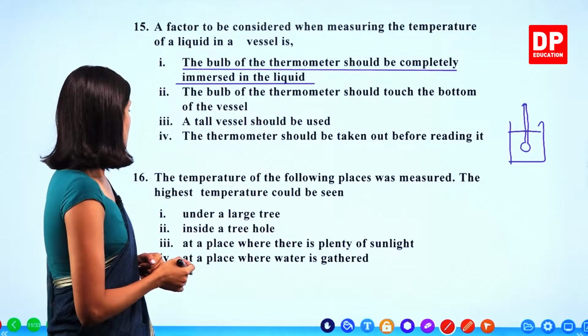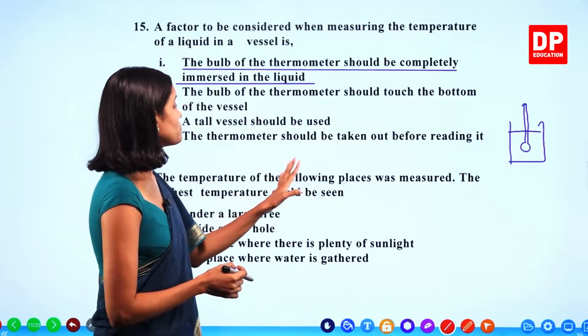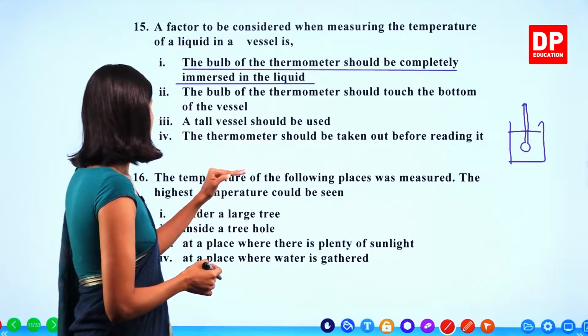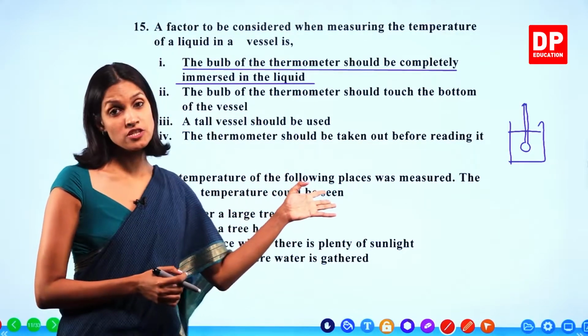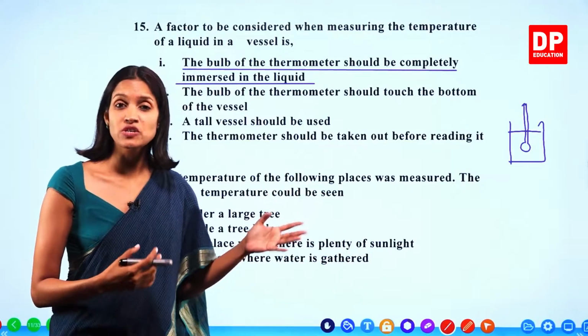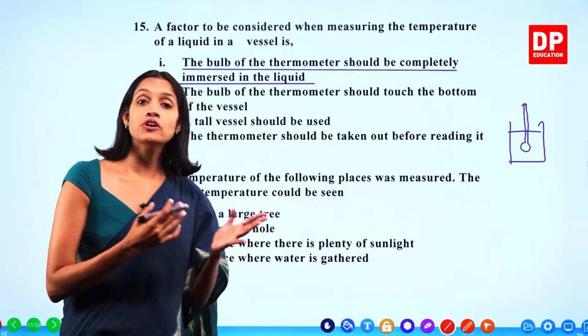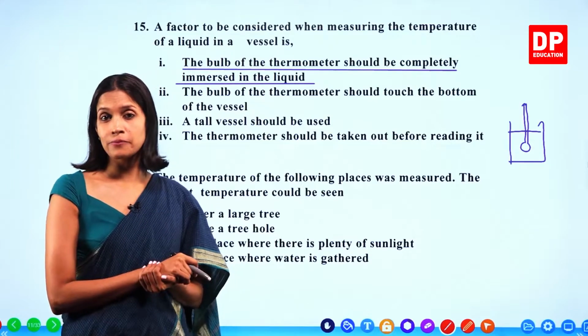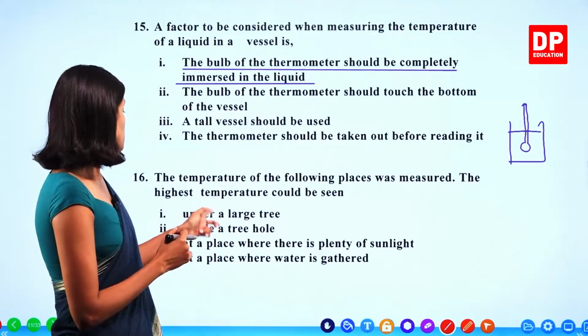Next one. The temperature of the following places was measured. The highest temperature could be seen. Do you remember we measured the temperature of 2 soil samples and 1 water sample? Right? So let's go through this.